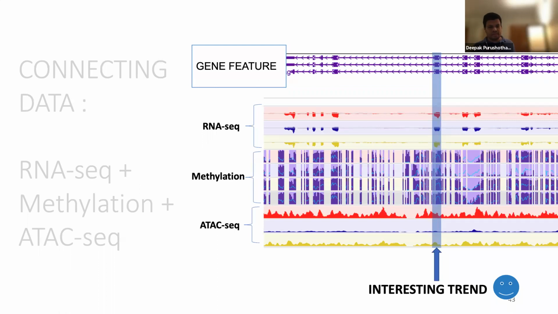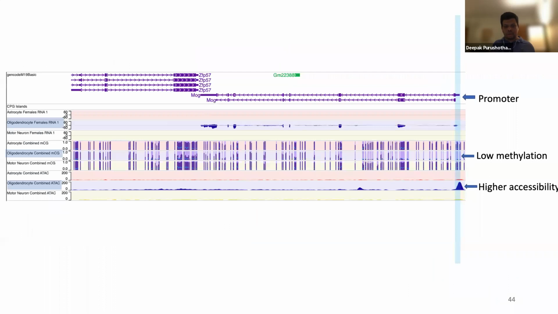Biologically, it makes sense, and it also happens to be accessible, because if it's accessible, only then would the transcription machinery have gotten access to that region and spit out products of transcription. So this is the end goal.